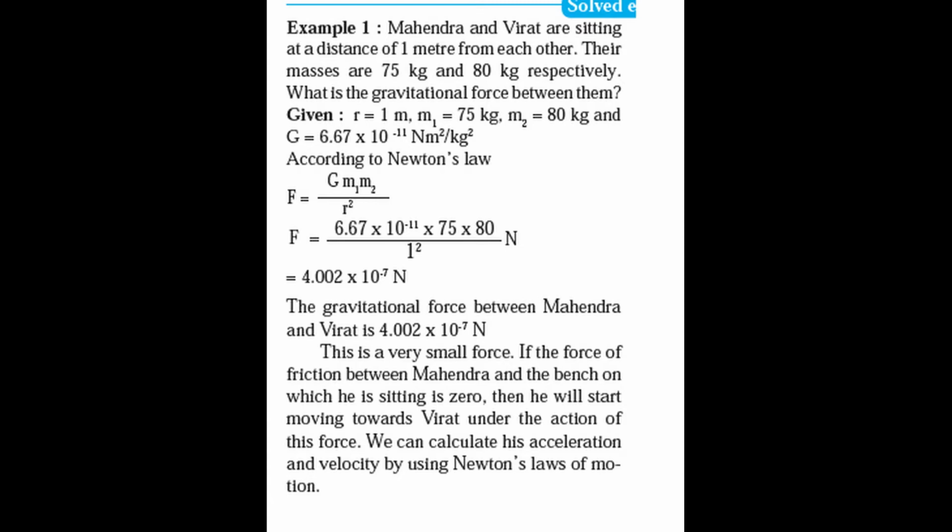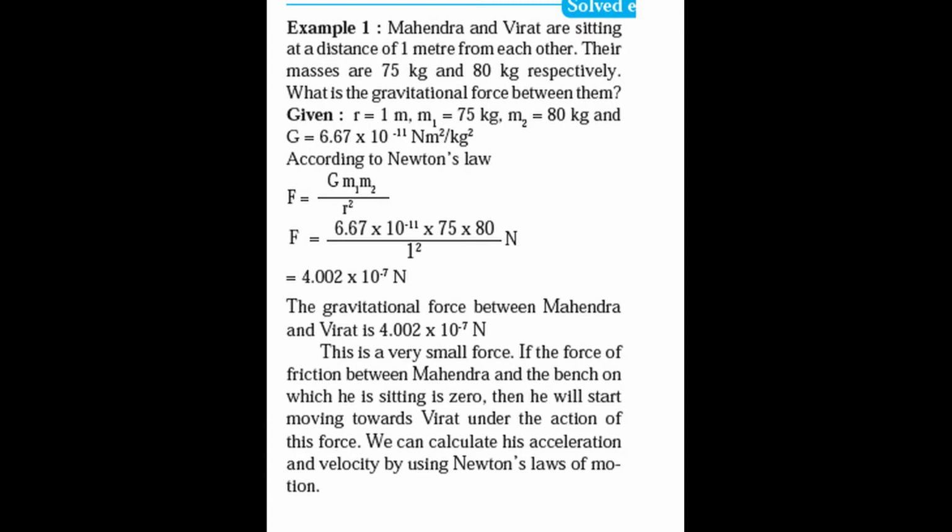If the force of friction between Mahindra and the bench on which he is sitting is 0, then probably he'll start moving towards Virat because of this gravitational force. But there is friction, that's why he can't move towards Virat. We can calculate his acceleration and velocity by using Newton's laws of motion.